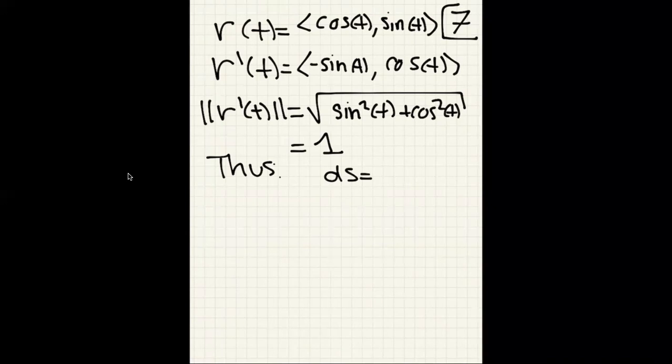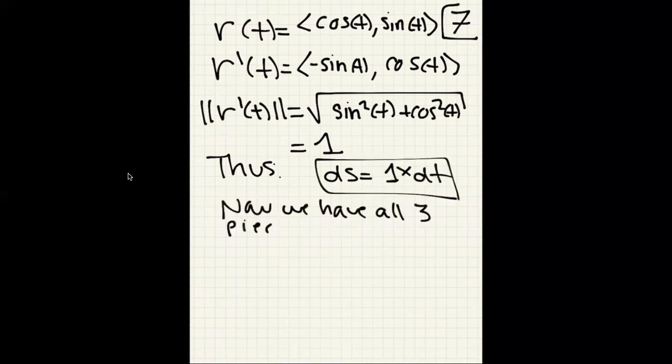And so now we have all 3 pieces and can assemble the integral. When I say 3 pieces, it's the same 3 pieces as when we were doing triple or double integrals.